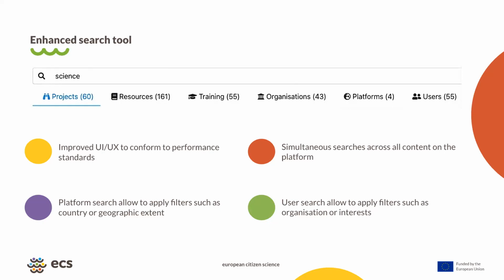I mean, if you were searching in the projects section, you only received the number of projects that apply for this keyword. But right now you can make this kind of search across all platform content.